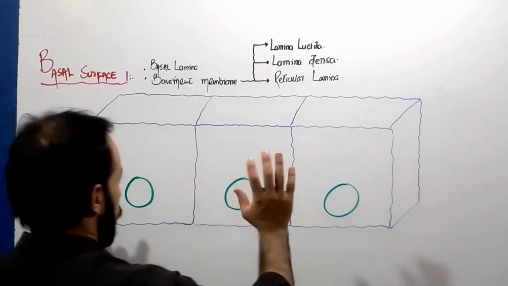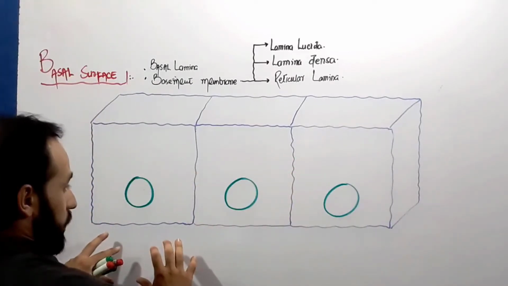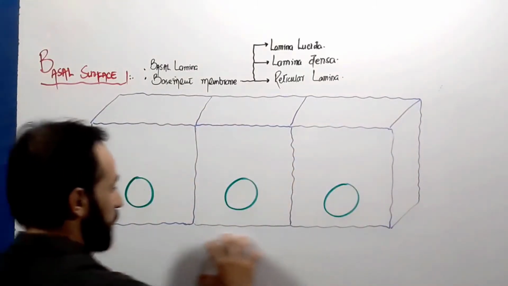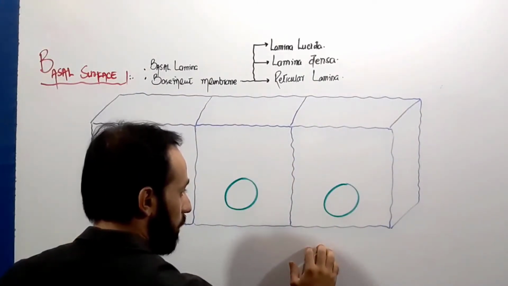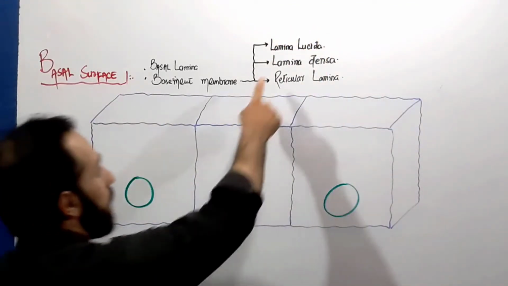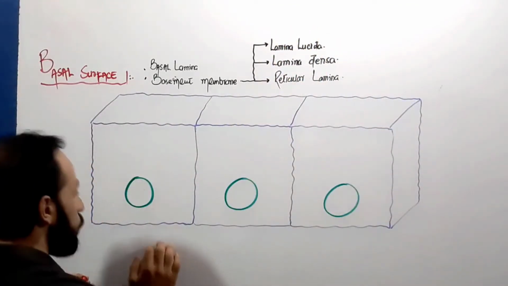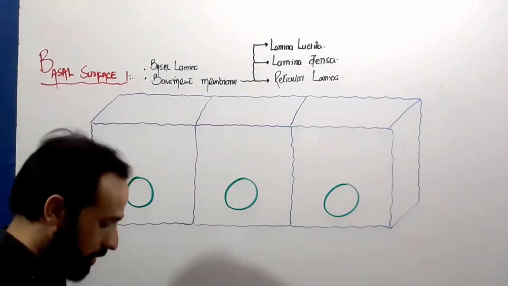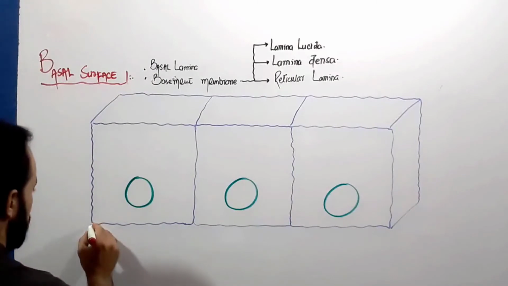So we want to clear our concept about the basement membrane. We know that this basement membrane, which is present below the epithelia, is composed of three sublayers, right? The lamina lucida is close to the epithelia. So let me make it here.